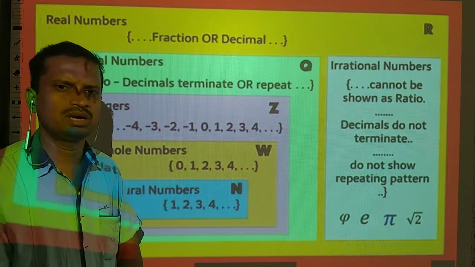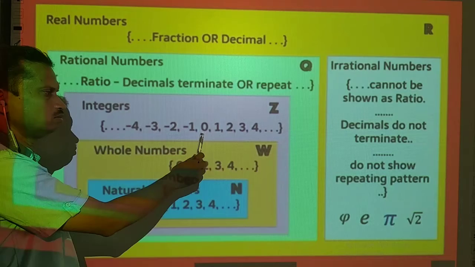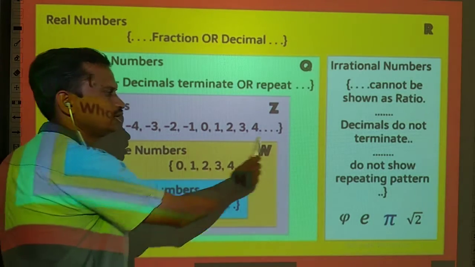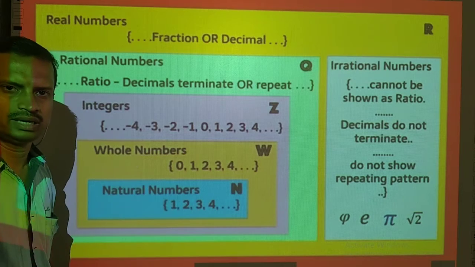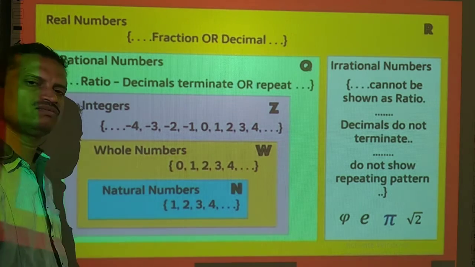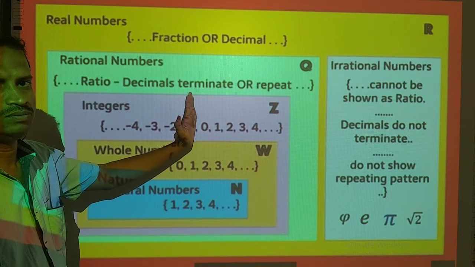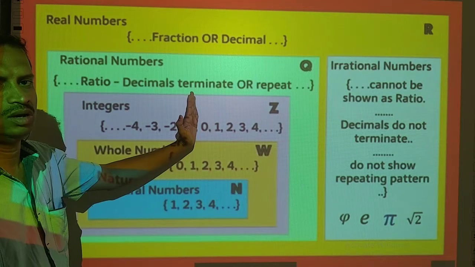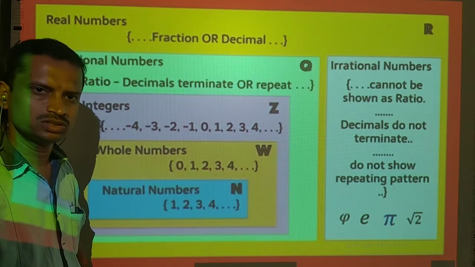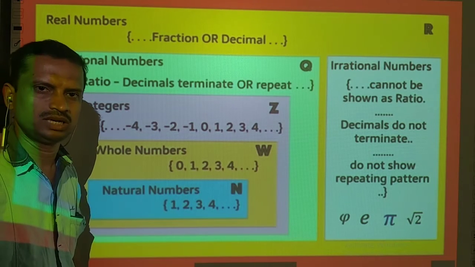In the number line, in 8th standard itself, in the center you put 0, and left side negative numbers, right side positive numbers. So this is called integers. Another way you can say: 0, 1, 2, 3 are whole numbers, so whole numbers and negative numbers combined to form integers. This is another way of explanation.